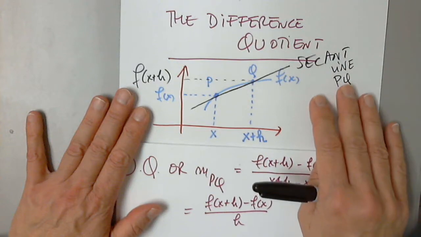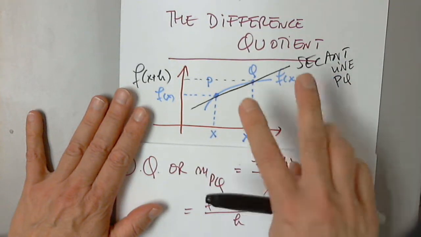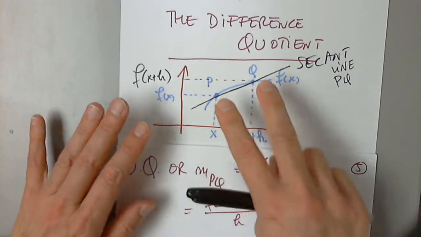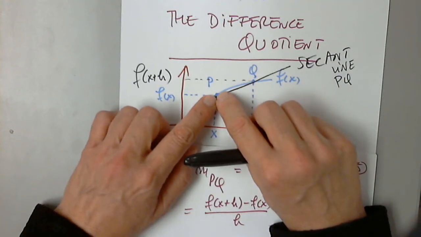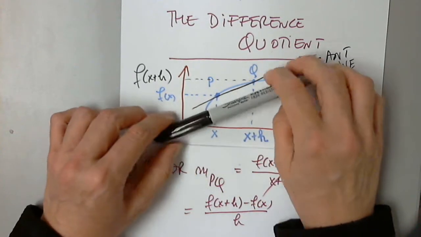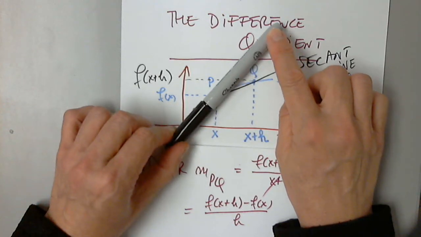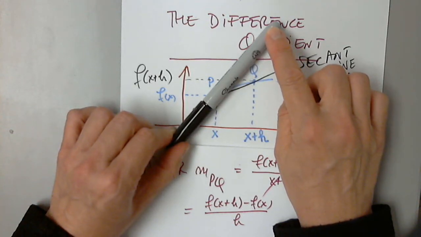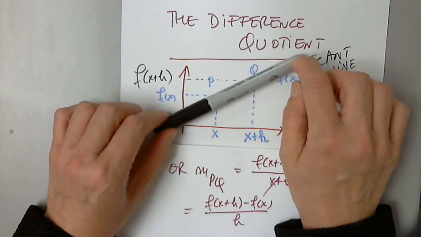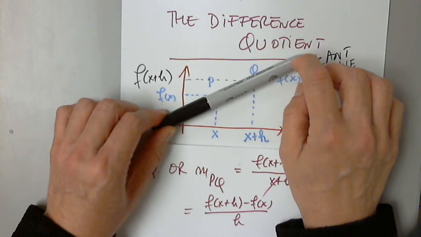It's still the rate of change. It's still the rate of change of the function between 2 points, but 2 points that are extremely close to each other. So when we say that it's almost the rate of change that is instantaneous at that point. Almost. Almost. So this is a rate of change between 2 points that are very close.